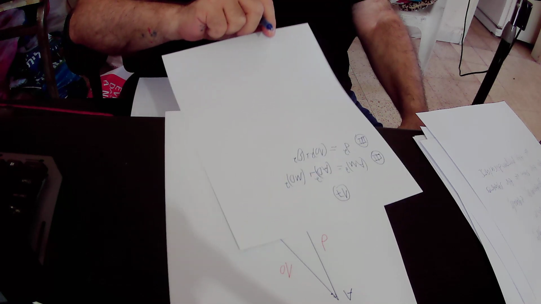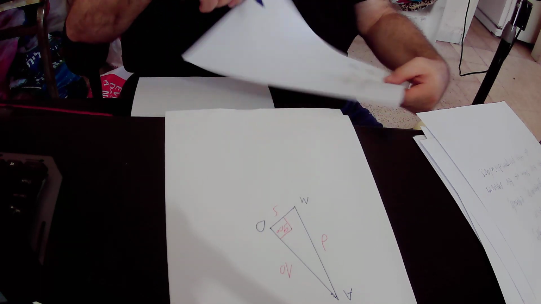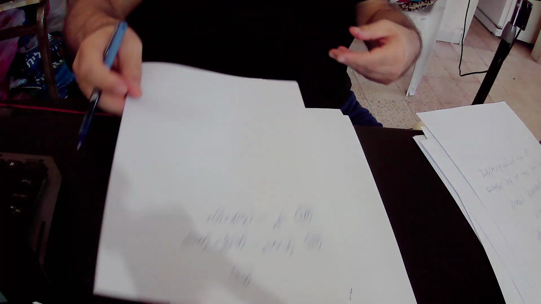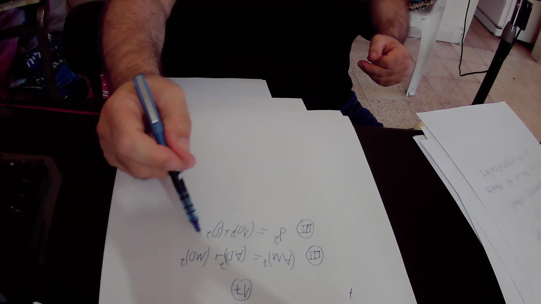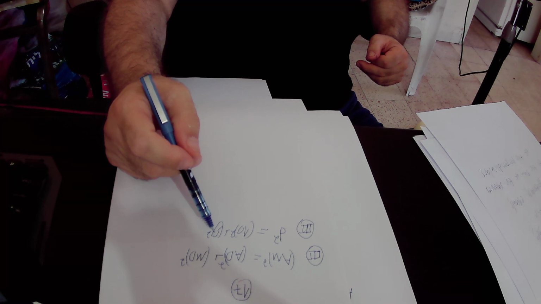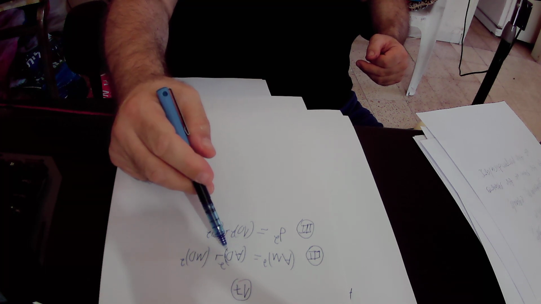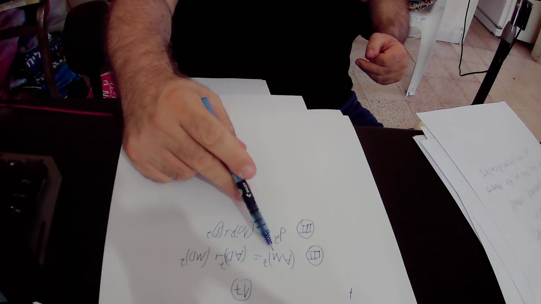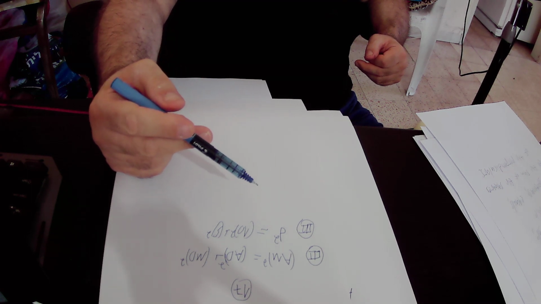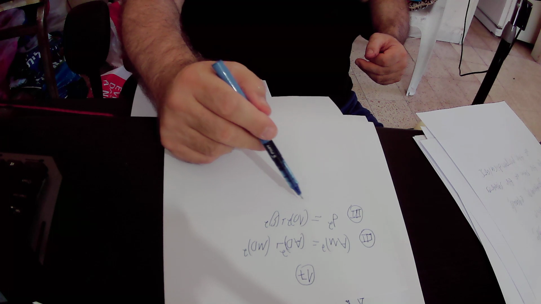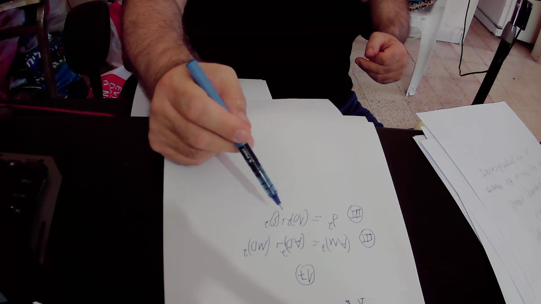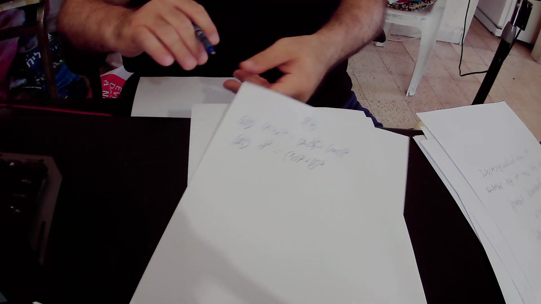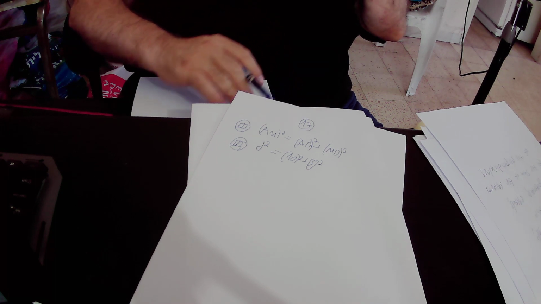Okay, AD equals 10, MD equals 5, and AM equals D. So instead of MD we substituted 5, instead of AD we substituted 10, and instead of AM we substituted D. So we got that D square equals 10 square plus 5 square.